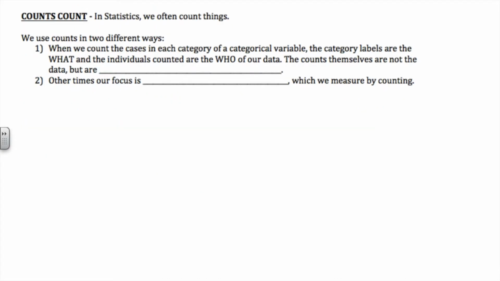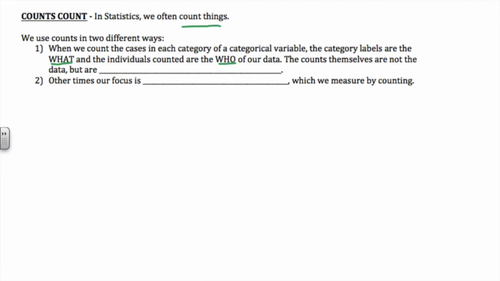Next, counts count. In statistics, we often count things, and that's no surprise. We use counts in two different ways, though. When we count the cases in each category of a categorical variable, the category labels are the what, and the individuals counted are the who of our data.